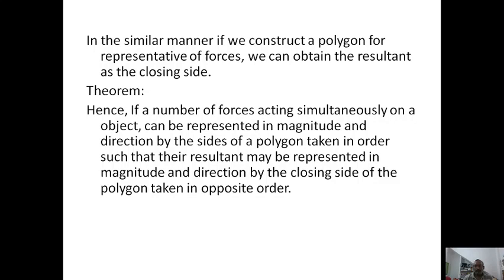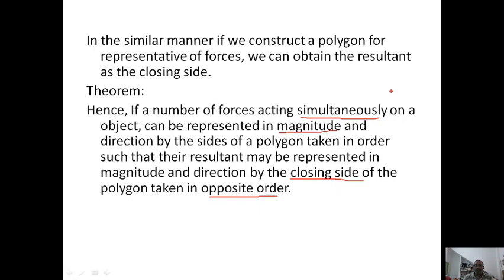It says that a number of forces acting on an object can be made as sides of a polygon, then the closing side will be your resultant, given in the opposite direction. The forces should be acting simultaneously, and the magnitude of the resultant is the closing side in the opposite order.